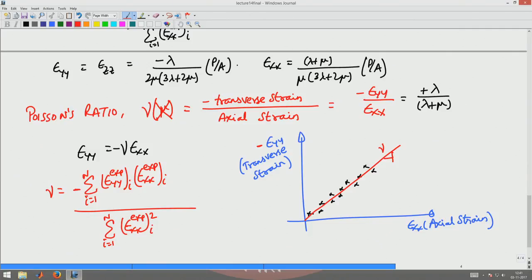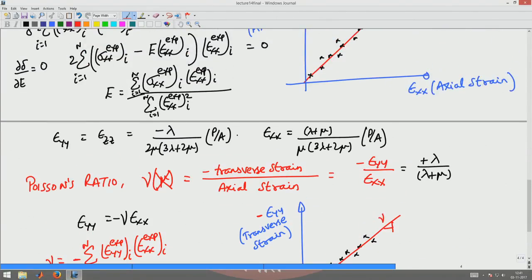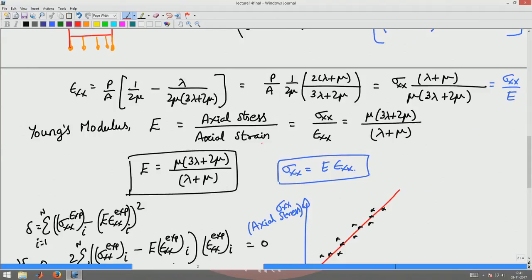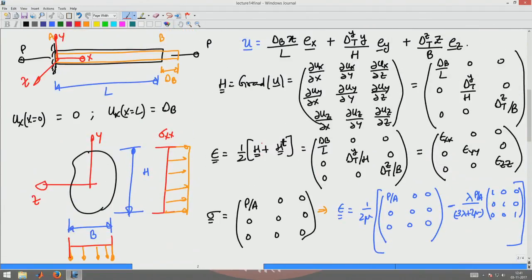Okay. Now, there are two ways by which you can measure the strain epsilon xx and epsilon yy. Okay. One is you can use this expression, find the elongation in the axial direction and the contraction in the lateral direction to find the strains from overall displacement, or you can use a strain gauge and measure the axial and transverse strain. Okay.